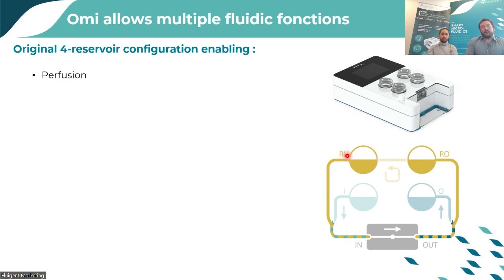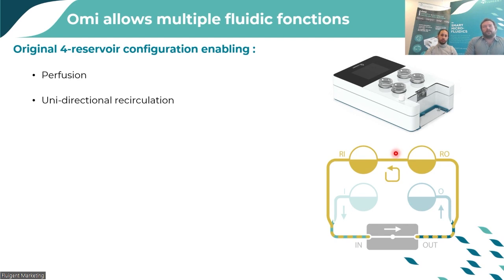Why is there R? It is because you can recirculate between the 2 R reservoirs. So R like recirculation. A first thing you can do is to perfuse. What you call perfusion is injecting from RI to the chip, and then it's collected to RO. The second function is, as I said, recirculation.